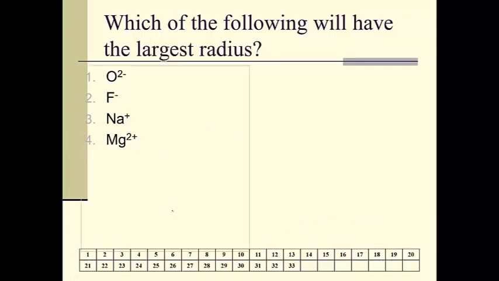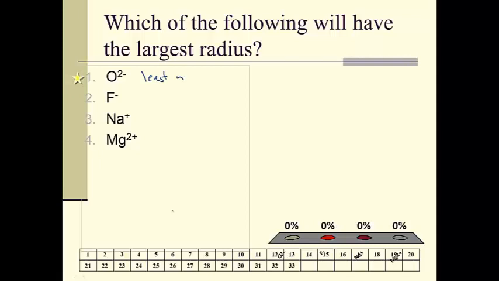Again, which one of these will be the largest radius? Correct answer, oxide ion. Why? Again, they're all isoelectronic. This has the least number of protons.